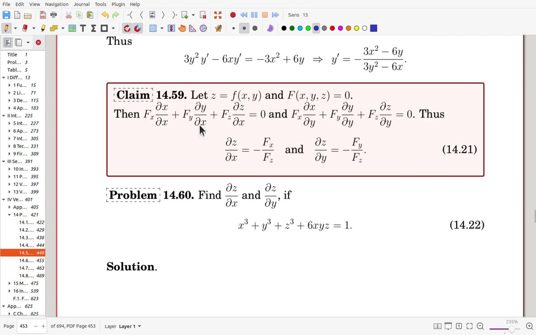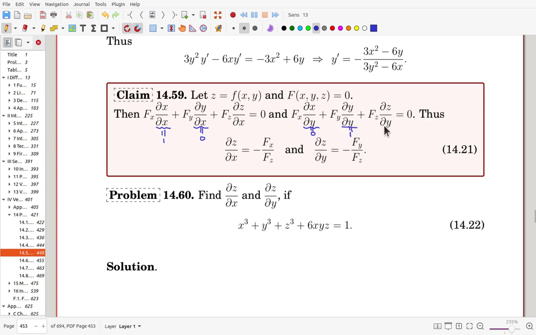Now this will be 0 because x and y are independent variables, and that will be 1. So this portion is 1. Now that portion will be 0. And similarly, for that one, that will be 0 because they are independent variables. And that will be 1.